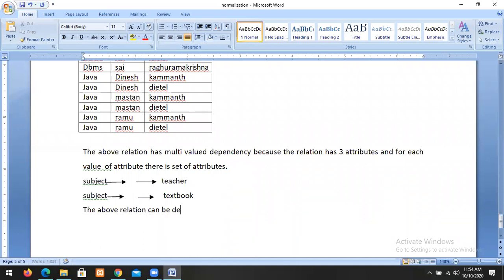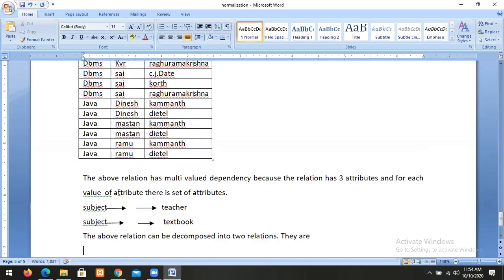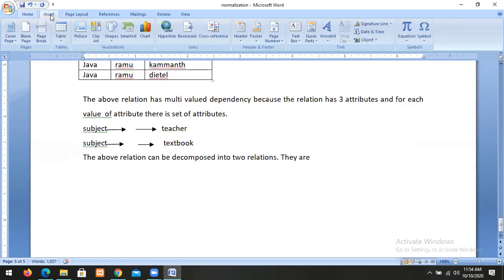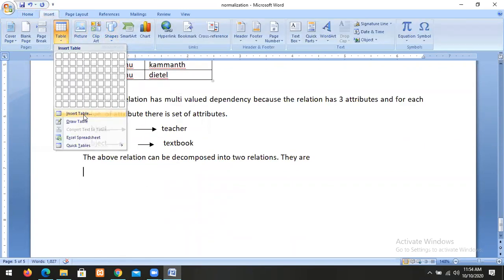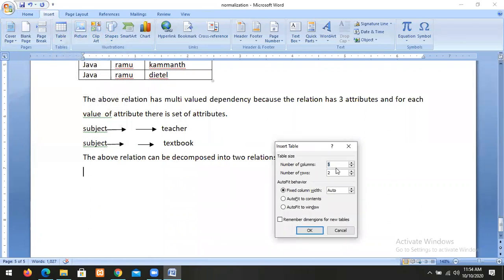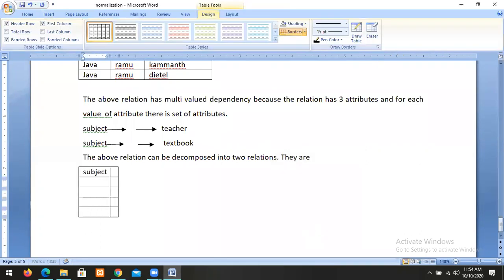So the above relation can be decomposed into relations. The above relation is decomposed into two relations. They are subject-teacher and subject-test.